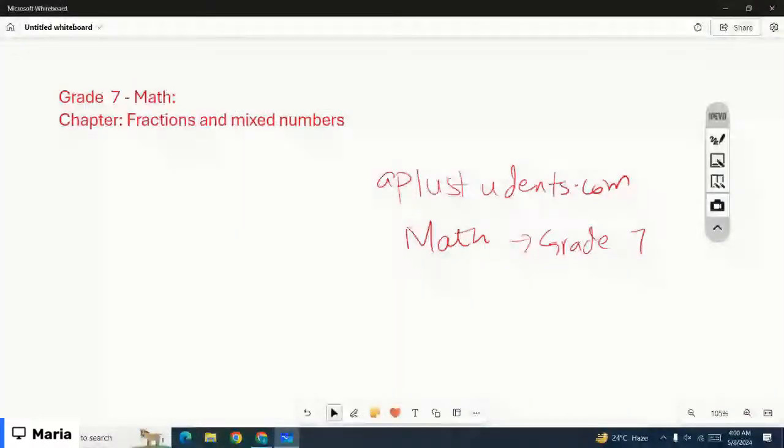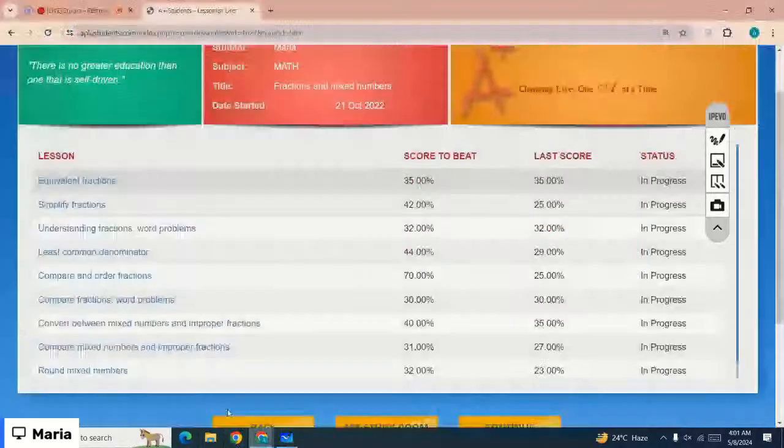We're going to start with the chapter fractions and mixed numbers. So please make sure you have your notebook and pencil so that you can note down the important examples and definitions as well. So here I am on grade 7 math.